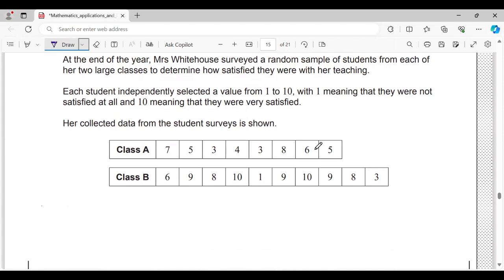Class A, this is the data: 1, 2, 3, 4, 5, 6, 7, 8 students. Class B, 1, 2, 3, 4, 5, 6, 7, 8, 9, 10 students. So class A has 8 students, and class B has 10 students.